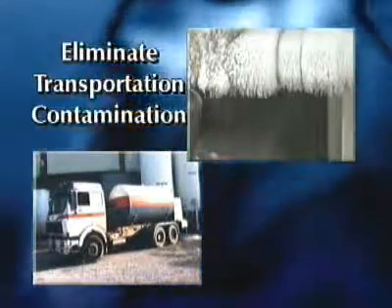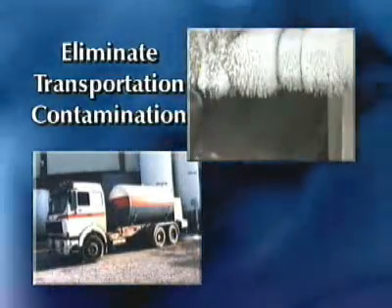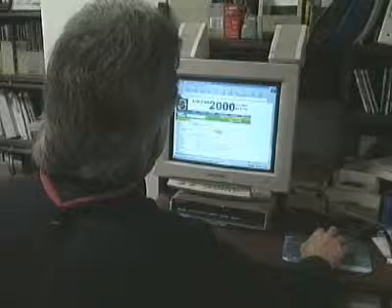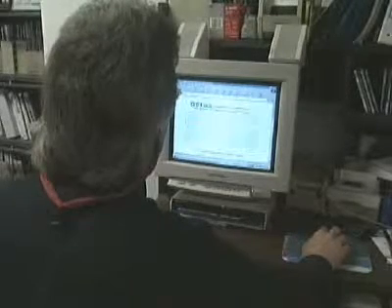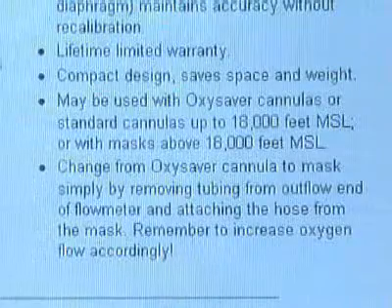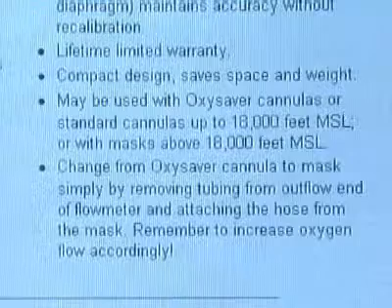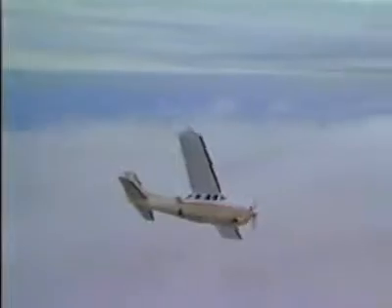Purchase the liquid oxygen as close to the production site as possible to eliminate transportation contamination. You are responsible for checking with the equipment manufacturer for the latest operational and emergency sealing of the equipment to assure your safety. By following the necessary precautions and knowing how to operate your oxygen equipment effectively, you will be able to fly more confidently and more safely.